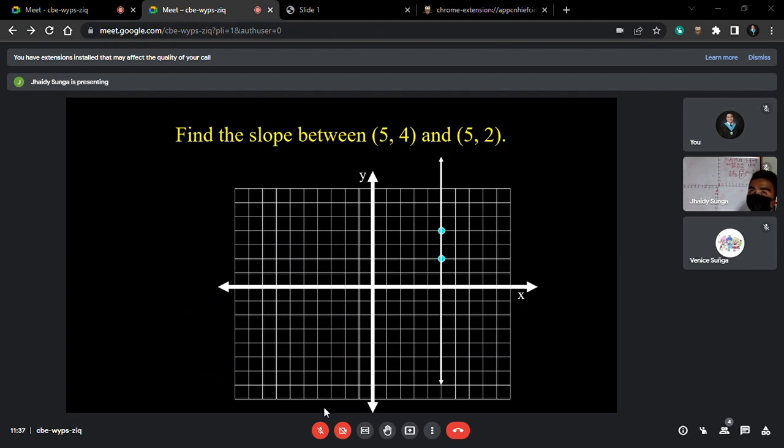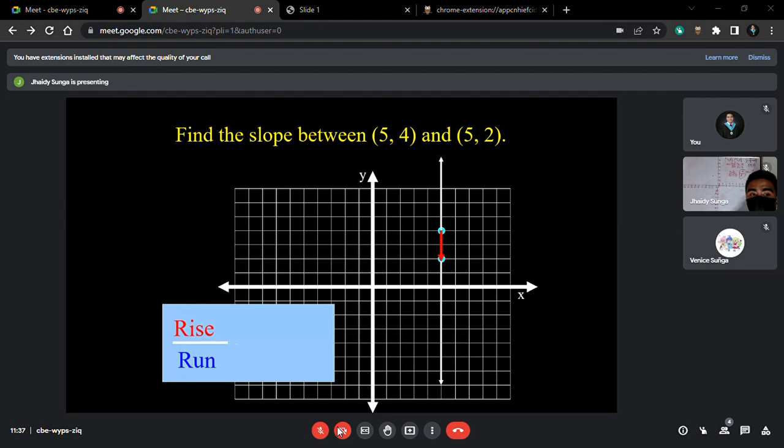If we say slope, it is the steepness of a line. So we have negative 2 over 0, so it's undefined.